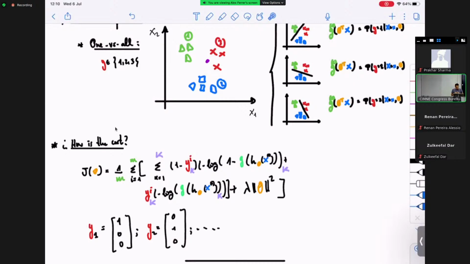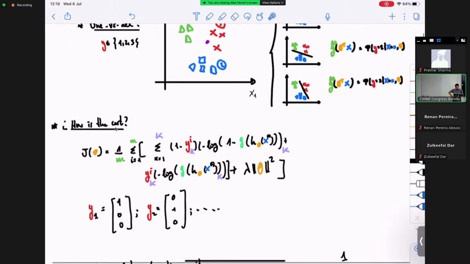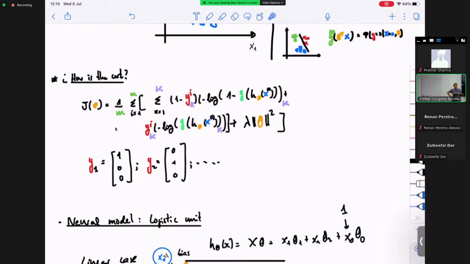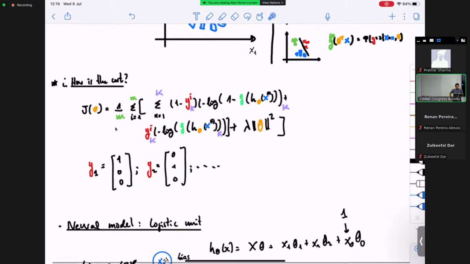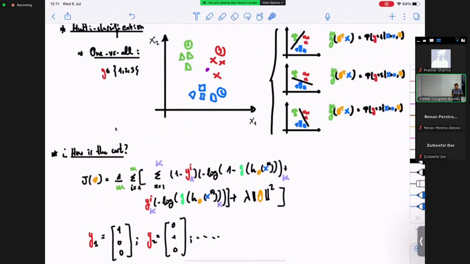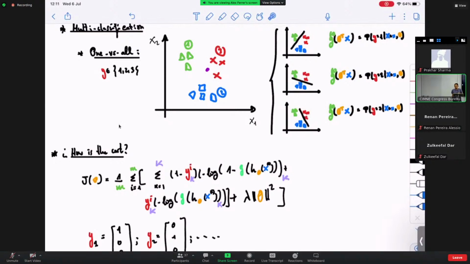Before you had a vector of data, now each data point, instead of being a scalar, 0 or 1, will be 3 numbers. These 3 numbers we put in rows. How is the cost? The cost is the same. You have 3 costs: the cost for this example, the cost for this example and the cost for this example. You have 3 costs and 3 thetas.